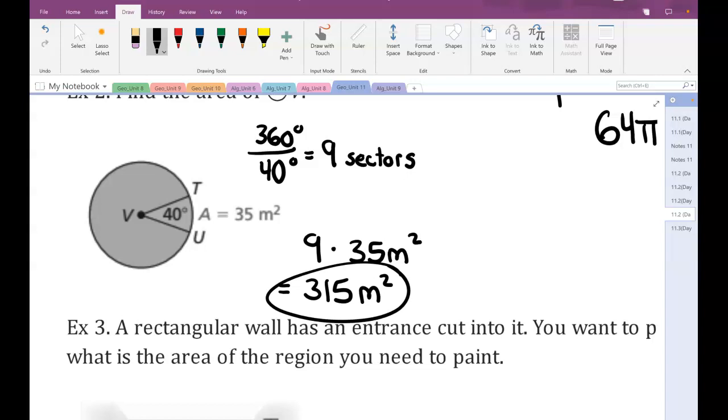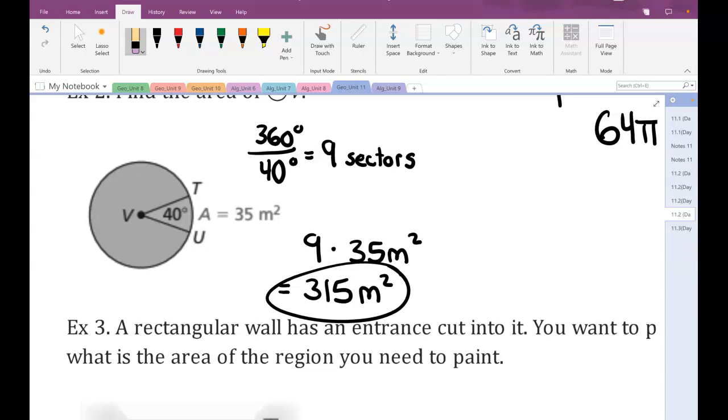For a visual, you could think of this as splitting it into 9 slices: 1, 2, 3, 4, 5. I can't evenly divide a circle by 9 right now, but that's how you find the area of a circle, given the area of just one slice.